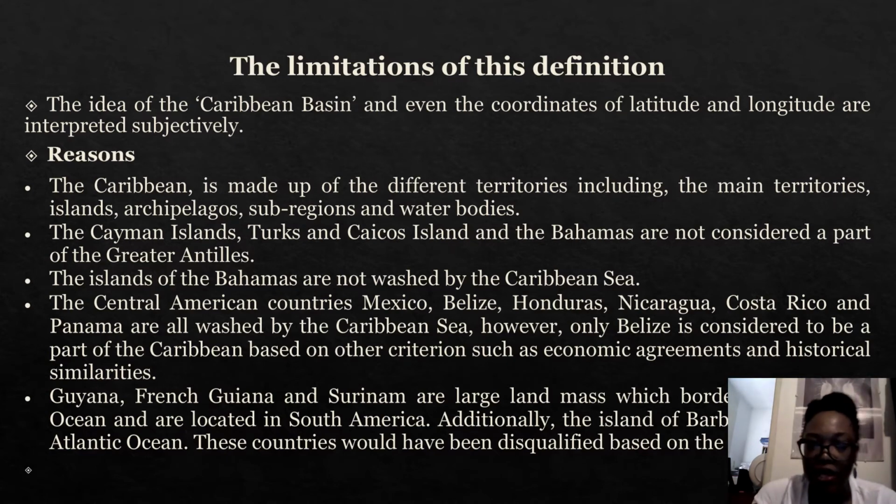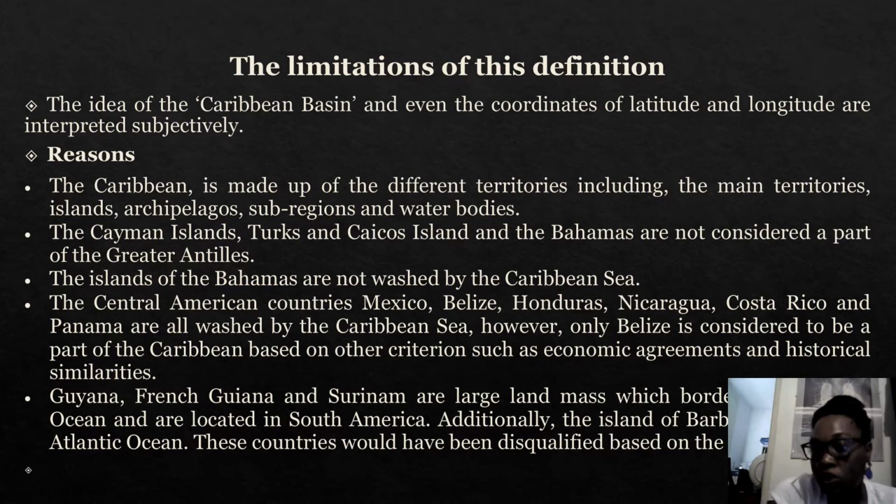We'll also find that Central American countries such as Mexico, Belize, Honduras, Nicaragua, Costa Rica, and Panama, they are all washed by the Caribbean Sea, but they are not considered Caribbean, only Belize. All right, and I did explain to you that Belize is a Caribbean country because of its economic agreement in CARICOM.